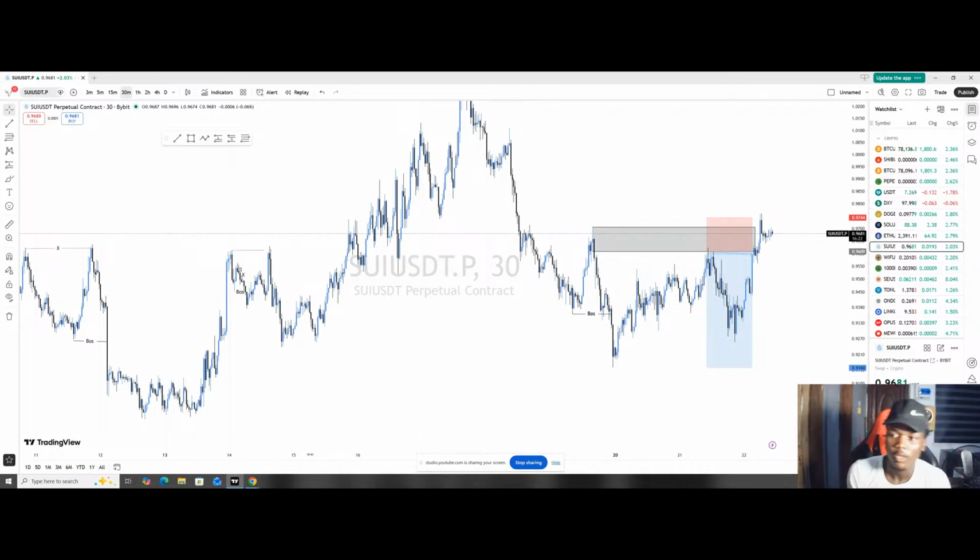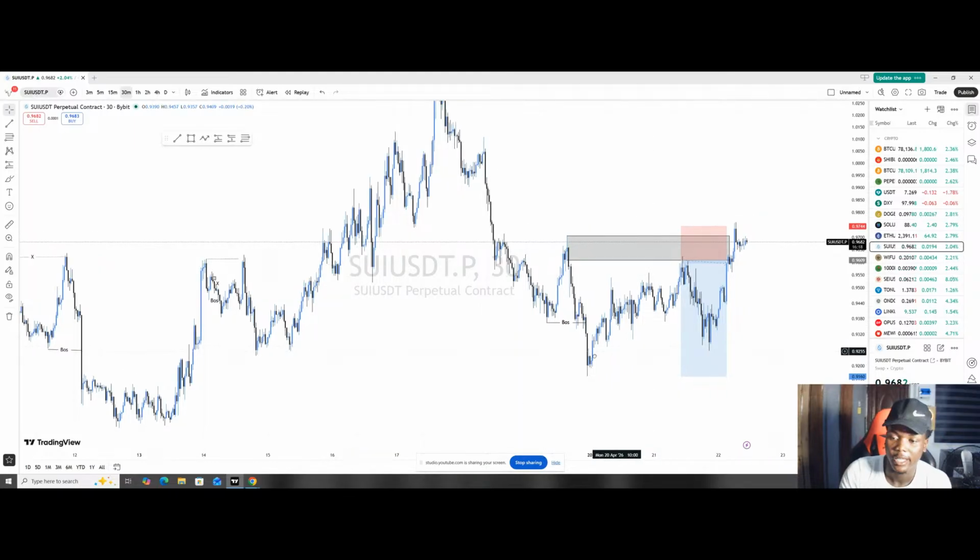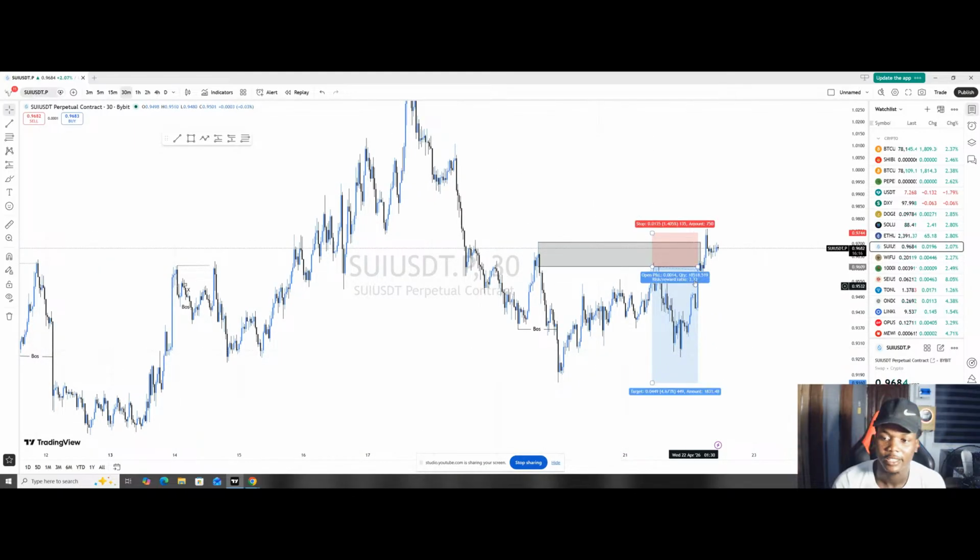So this is the trade I dropped yesterday, and as you can see, it tapped us in here and almost came to our full TP. This trade is a 3 hour trade, but it came down to over 2 hour.